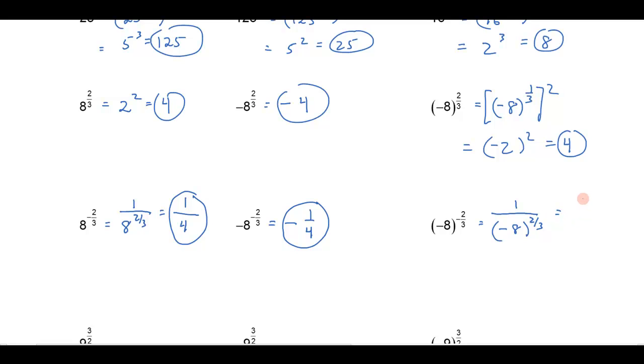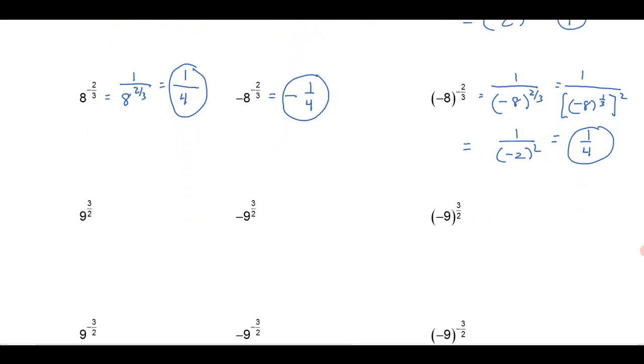So this is going to be 1 over, I'll do it in slow motion again, negative 8 to the 1/3, which is negative 2, and then I have to square that. Alright, so this is 1 over negative 2 squared. All of this is negative 2. The cube root of negative 8 is negative 2. Then I have to square it, 1/4. Okay? Alright, let's do another set of problems like that.